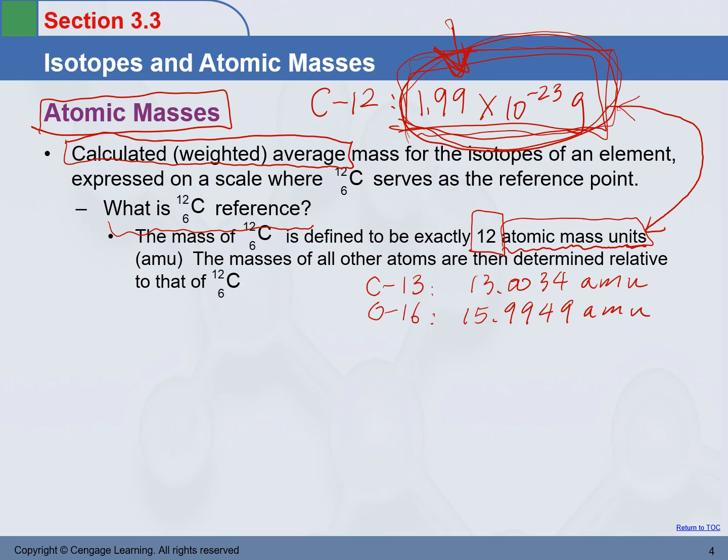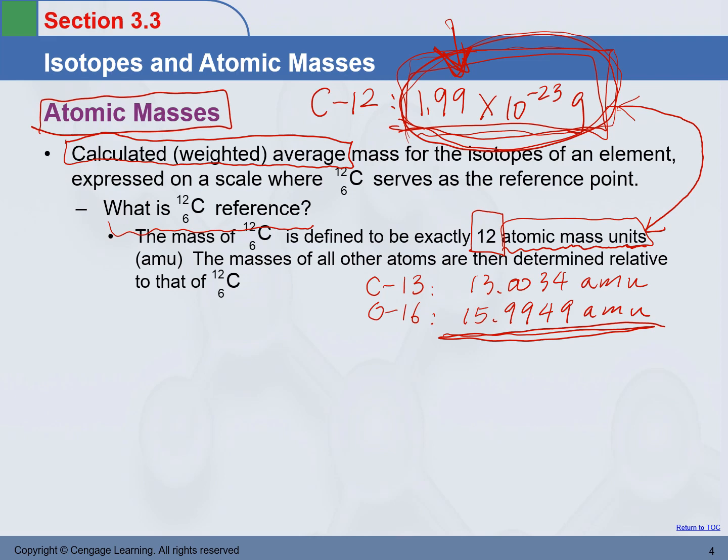Now when you see different atoms, looking at their atomic mass, instead of a number that is 10 to the power of negative 20-something, now it is a number like this, which is a lot easier to handle. Okay, that is the carbon-12 reference.